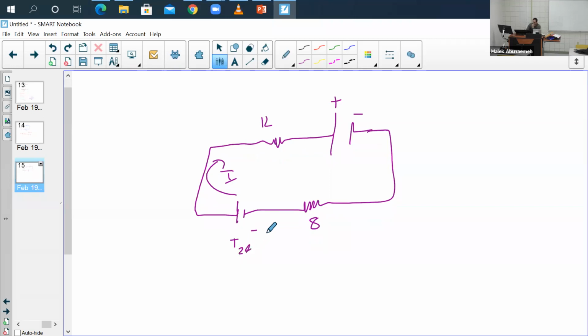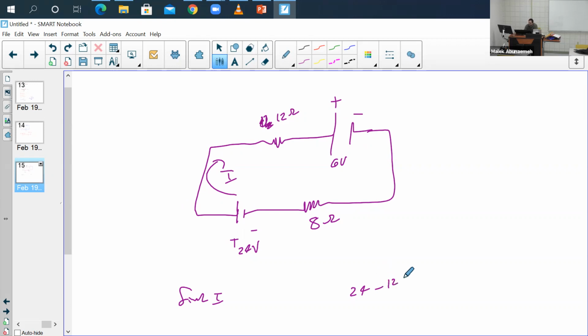This is 24 volts and this is 6 volts. So let's say you want to find I. All right? So you go in, this is coming out as 24. You're going out from the positive. So your first resistance, which is 12 ohm. You're coming from positive, so that is going to affect it negatively.